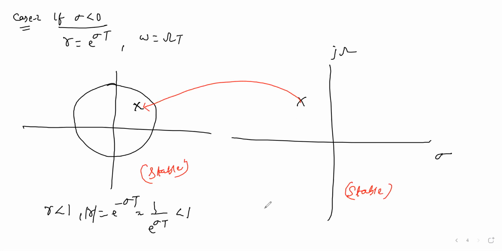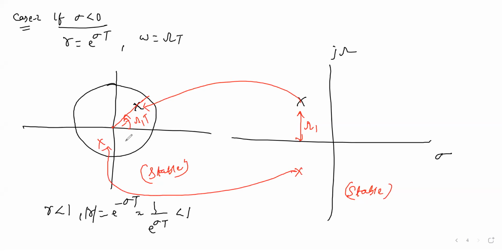Clear? Same thing. If this is sigma, and this is omega 1, then if you draw a line like this, this is the radius, and this is your omega 1 t angle. Similarly, any pole you take on the left hand side will be mapped somewhere here or here.